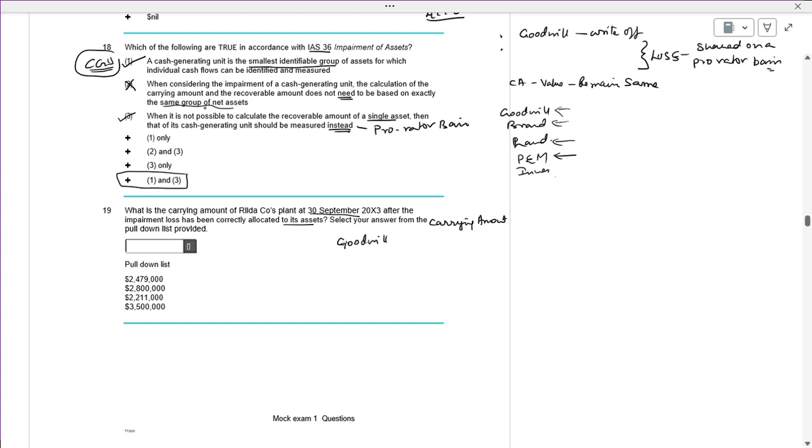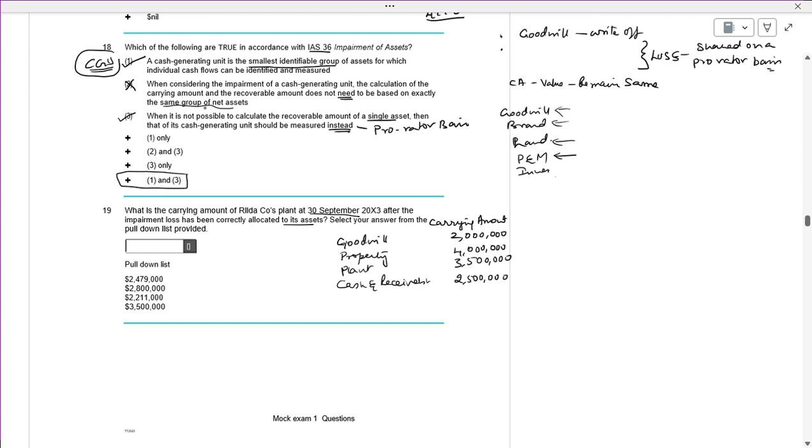Goodwill is 2 million. Property is 4 million. Plant is 3.5. And cash and receivables are 2.5.